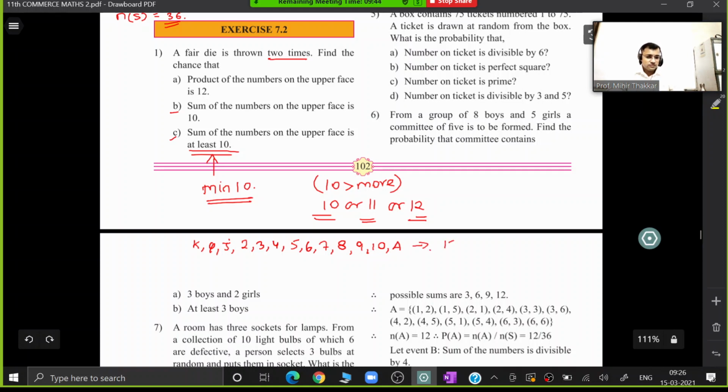So there are totally 13 denominations that we are having.